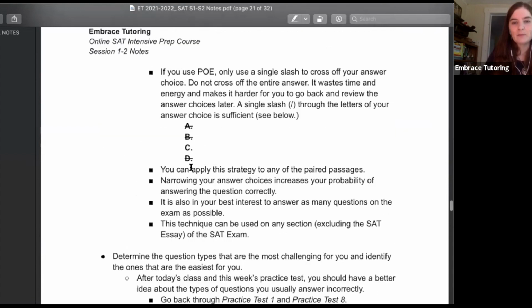But basically, remember, on every section of this exam, you're using process of elimination to eliminate answer choices. You're only doing a single slash or a horizontal line, like I have here, through the letter of the answer choice when you respond to a question. And this is true on any section of this exam.